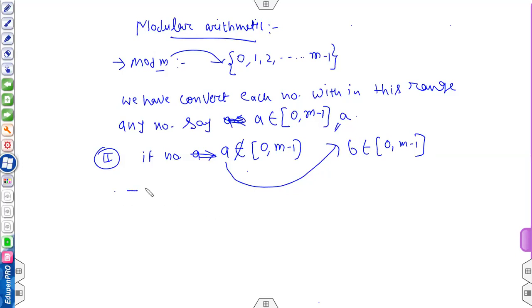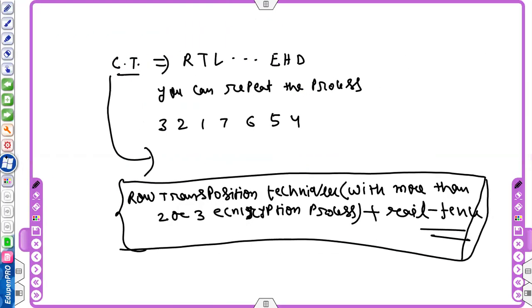And similarly, if a negative number or an inverse number is there, then how can we convert it? Two important things are there.